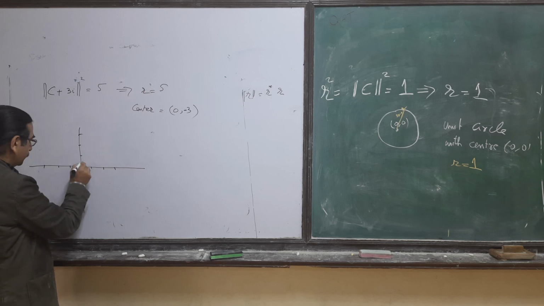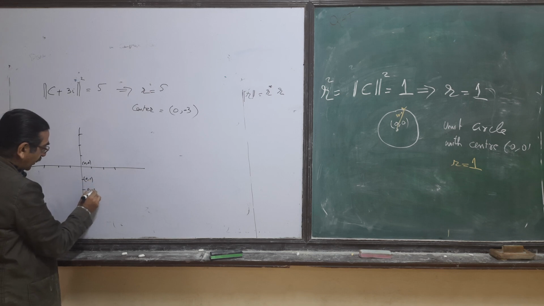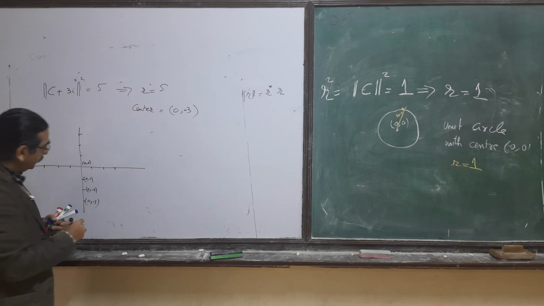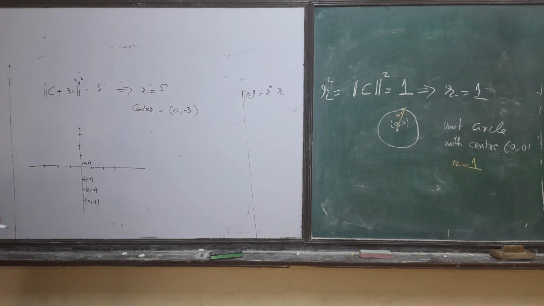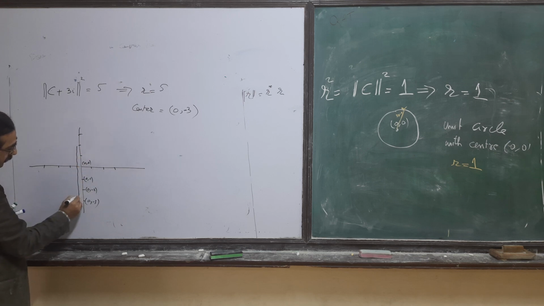This point is 0, 0, 0, 1, minus 1, 0, minus 2, 0, minus 3. Okay. 1, 2, 3, 4, 5. This radius will be r equal to 5.